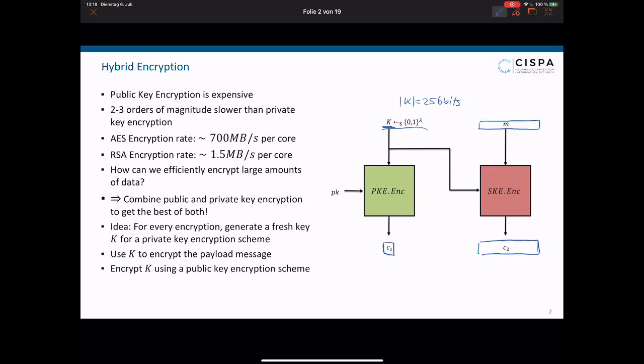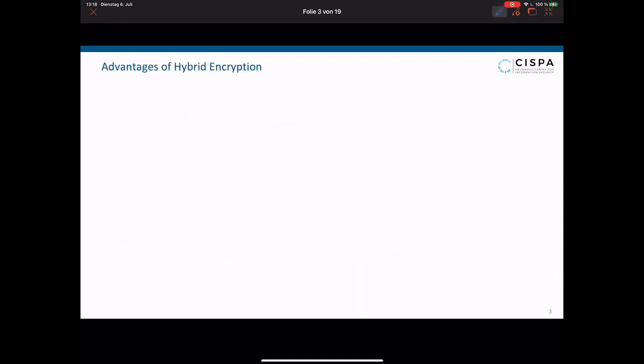Sometimes we call this part the ciphertext header. It doesn't include any actual information about the message we encrypt, but just information that will later allow us to decrypt. And we call this C2 the ciphertext payload, because this encrypts the actual message.